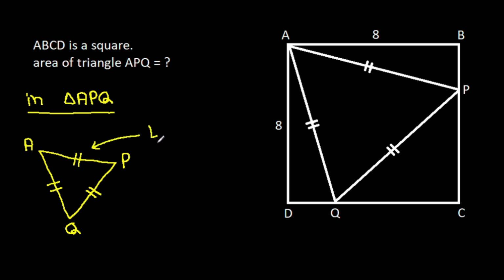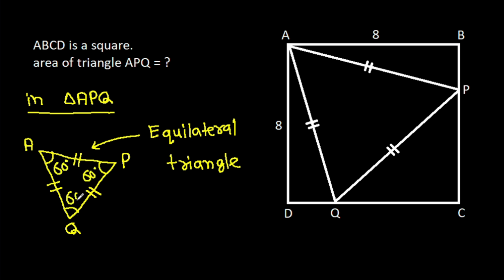That means it will be an equilateral triangle. So these angles, they will be 60 degrees. So this angle, it is 60 degrees.